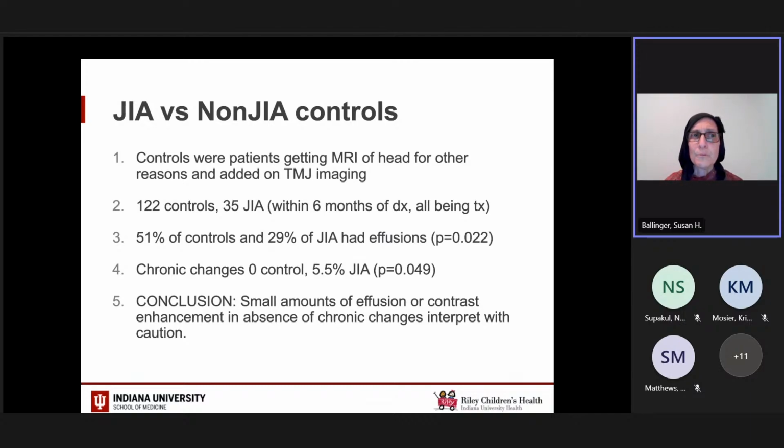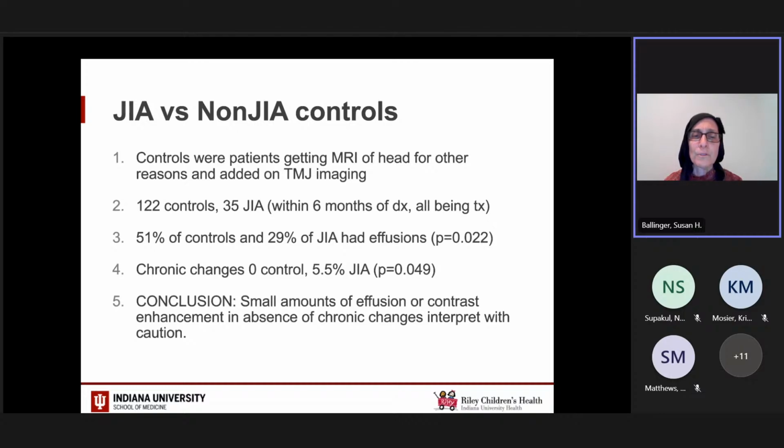There were 122 controls. Many of those were kids with different cancers, and they were staging for cancers. There were 35 kids with JIA. Most of the kids with JIA were very early in their diagnosis, and all were being treated. And I think that affected some of the findings, because 51% of the controls and only 29% of the kids with JIA had effusions, and that was statistically significant.